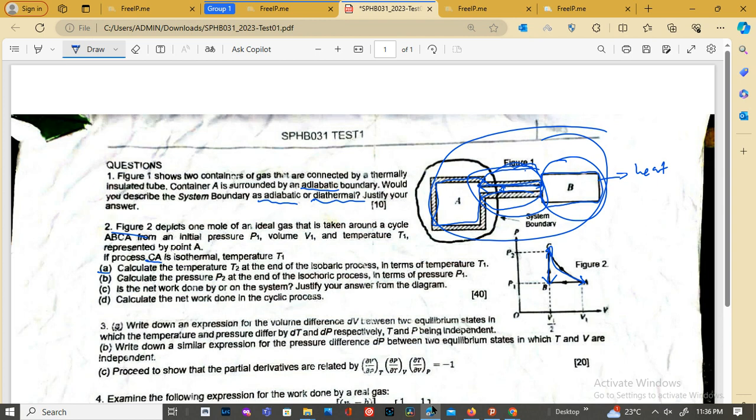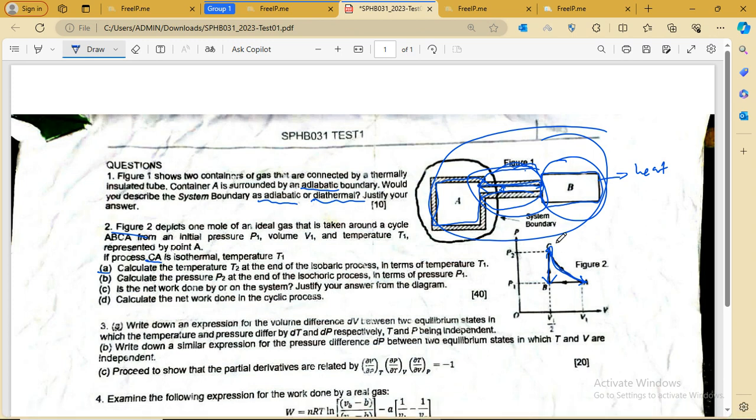You have to know what you see when the work is done on a system. So we can see that this one is isothermal.